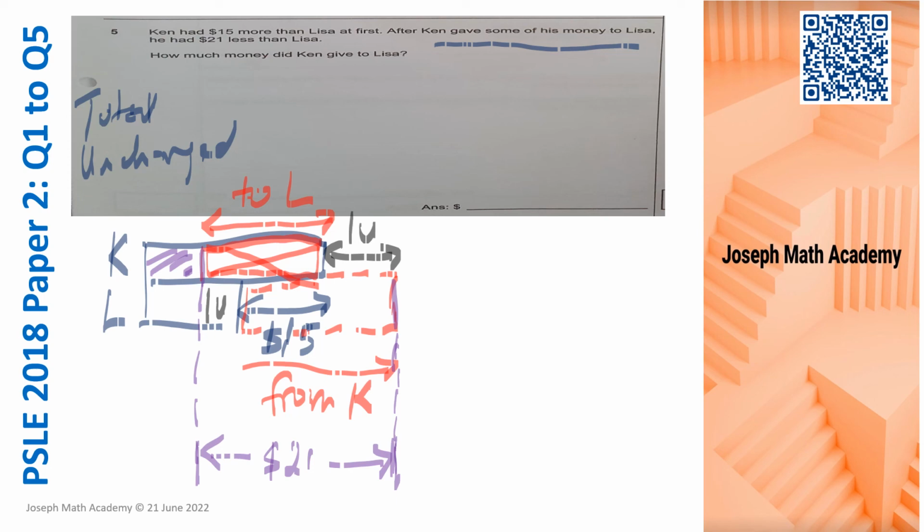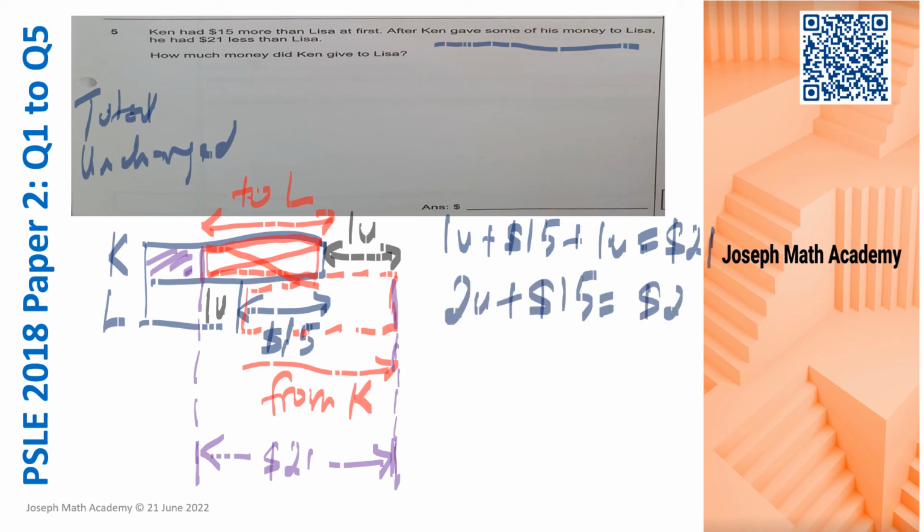So what is 21 actually? 21 is made up of 1 unit plus $15 plus 1 unit. So 21 is actually 2 units plus 15. So 2 units is 21 minus 15.